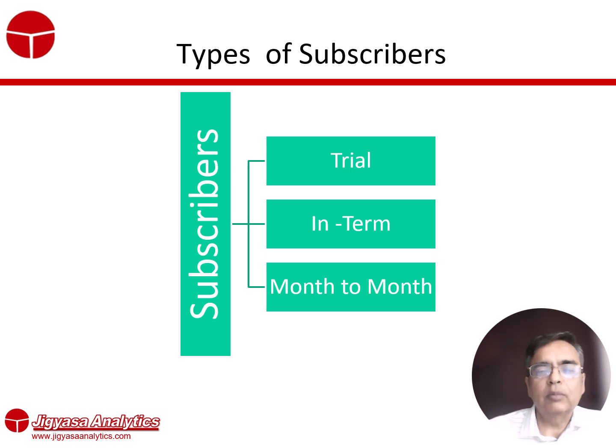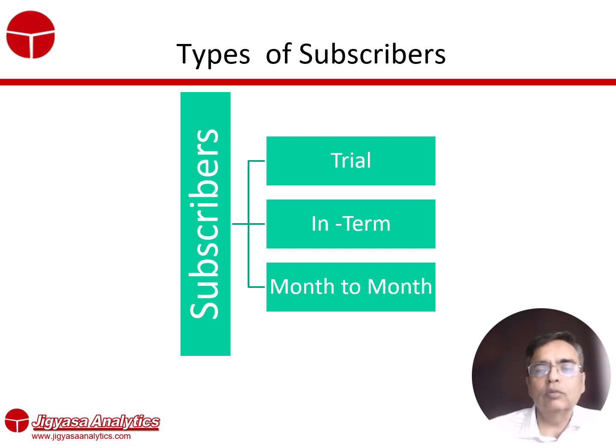type of subscriber are the month-to-month subscribers. And these would be once the term has expired, the customer may choose to start another term. And sometimes organizations give them incentives to start another term. And other times, the customer might continue the services without getting into another term, and they are essentially month to month.